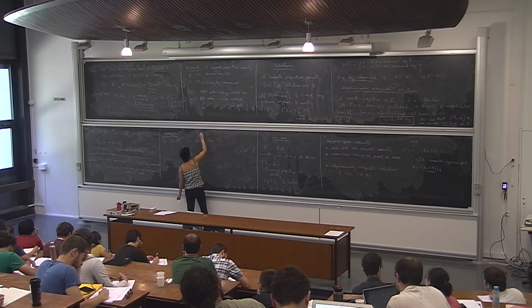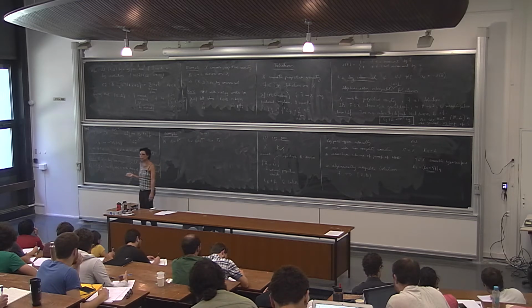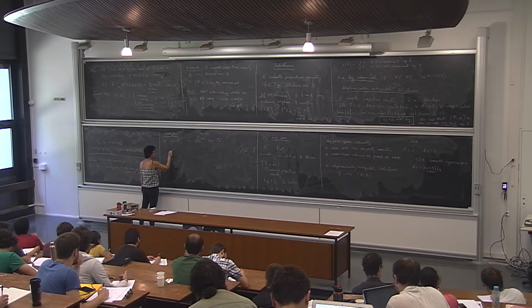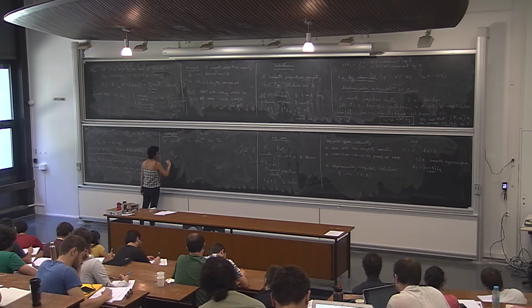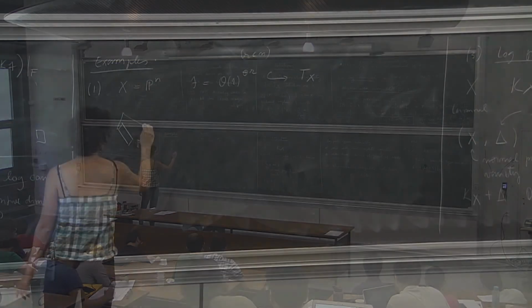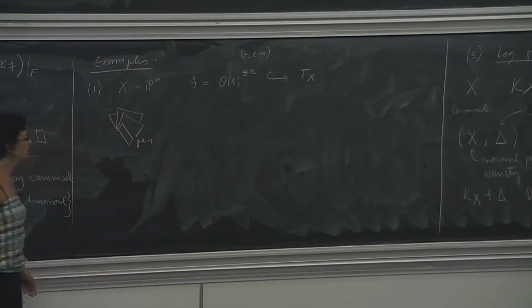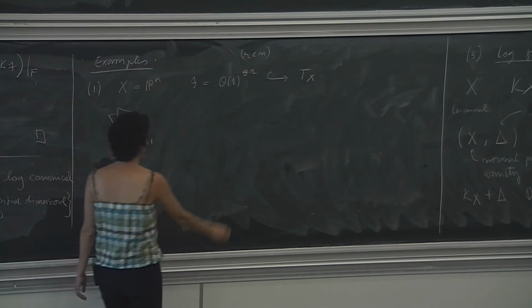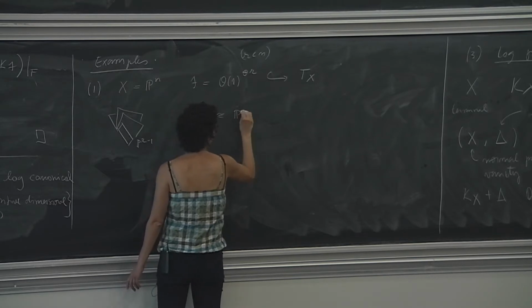Here, this R is smaller than n. So this foliation here, as I said, is given by the linear projection, so I fix P^(R-1), and I look at the linear P^R's that contain this fixed P^(R-1). So in this case, the F itself is isomorphic to P^R.